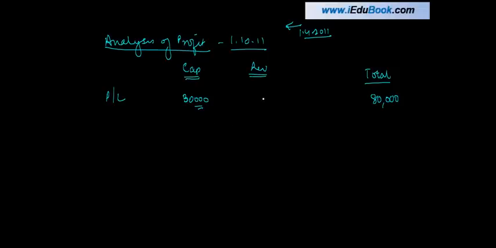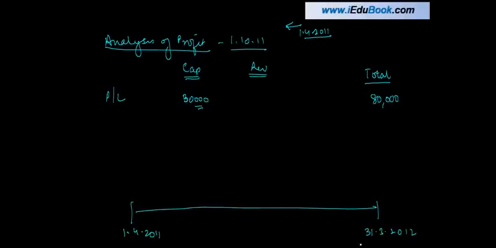Now the second question which comes up is that, again, just look at this timeline. 1/4/2011, 31/3/2012. So 30,000 is the balance here, 80,000 is the balance here. This means that during this period, the profit I earned is 50,000, right?